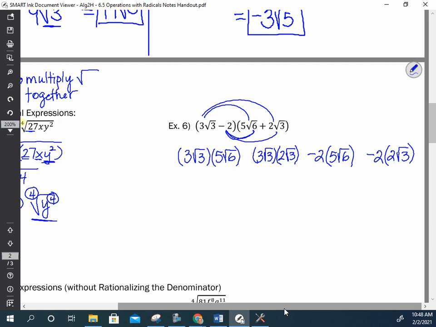Get everything simplified. Separate it out. So now we go to work. 3 times 5, 15. 3 times 6, 18. 3 times 2, 6. 3 times 3, 9.